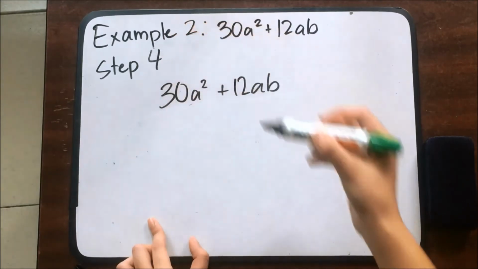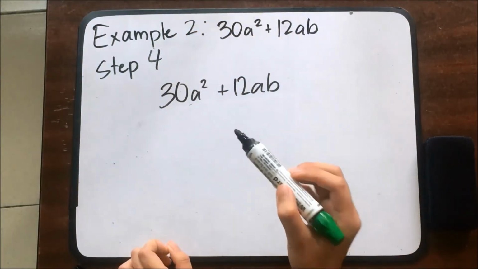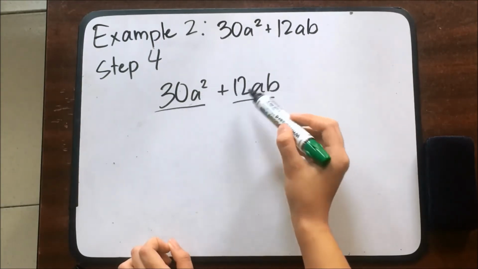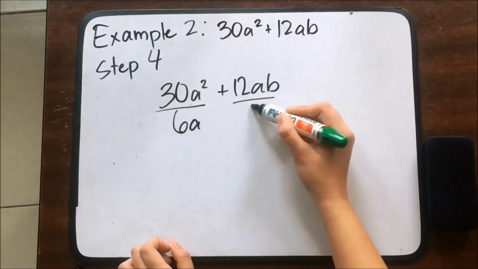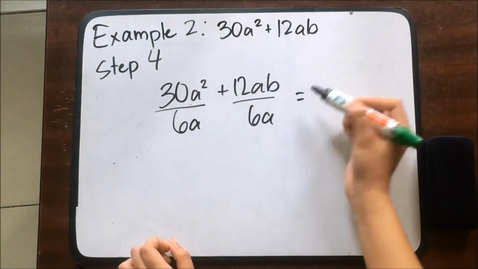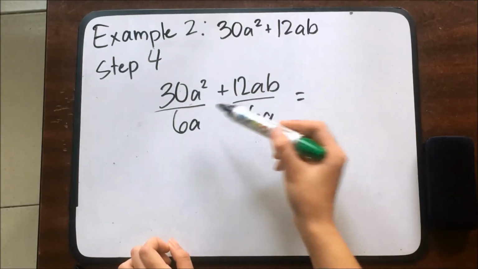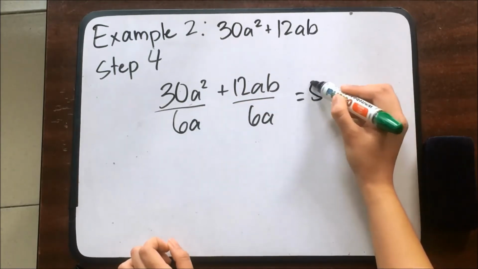So for step number 4, we will divide every term in the polynomial by the GCF. So here are our terms, 30a squared and 12ab. So divide them by 6a. So now we will divide the coefficients and the variables separately. So 30 divided by 6 is equals to 5.